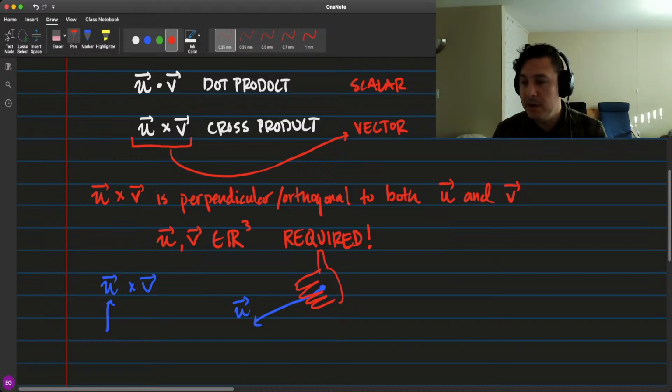You would rotate your palm towards the v vector.